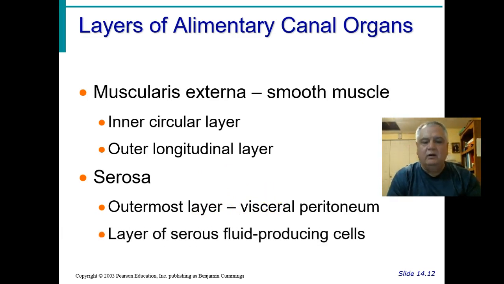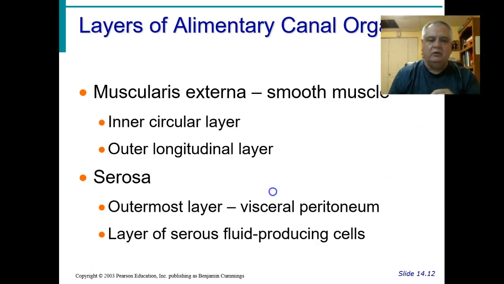Then there's a layer of serous fluid producing cells. So just as we saw, for example, with the heart, where we saw the pericardial sac, a serous membrane, and with the lungs, the pleura, there's always that inner layer, the visceral layer, and then there is an outer layer, the parietal layer, and between the two layers, there is going to be serous fluid, produced by the serous producing cells.